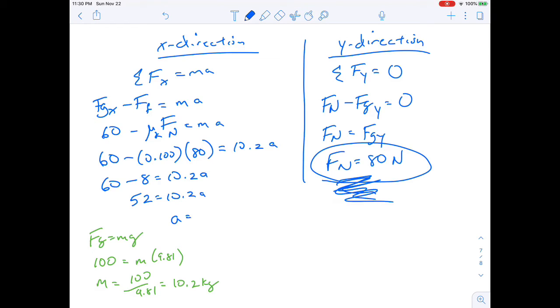And then if I solve this, I bring up my calculator, which I don't have up, because why would I? I get 5.10 meters per second squared down the ramp. And so my acceleration is obviously a little less.